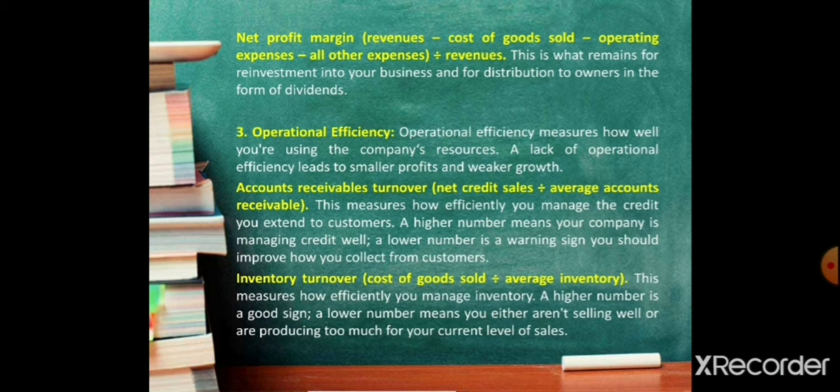It means that if the inventory turnover ratio is high, it is a good sign for the concern. But if the inventory turnover ratio is lower, then it is not a good sign for the organization. The company will not sell its product well in the market, and it is producing too much for the current level of sales.